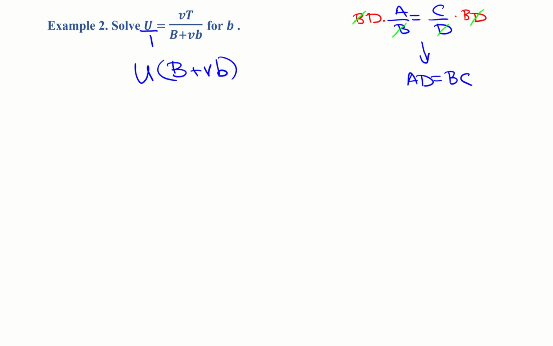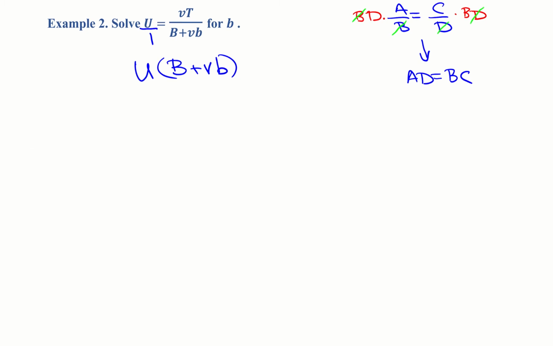So equals, so here we're doing the A times D equals B times C, so VT. All right, the V is lowercase and the T is capital.